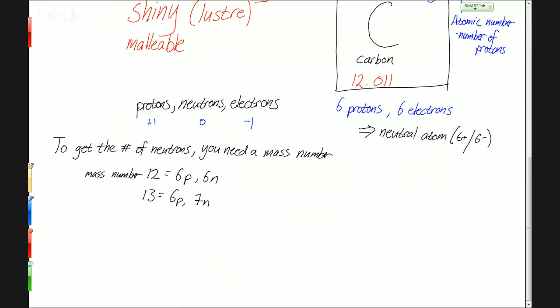And in fact, both of those exist. They're given different names, and they're written like this. This example, where there's 6 protons and 6 neutrons, is called carbon 12, and this one is called carbon 13. Those are 2 different kinds of carbon atoms that exist in nature. And the name for those is that they are isotopes.